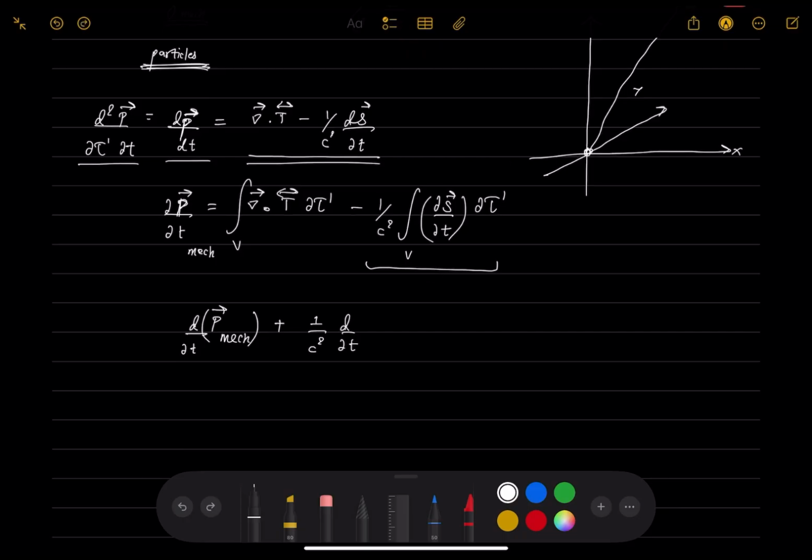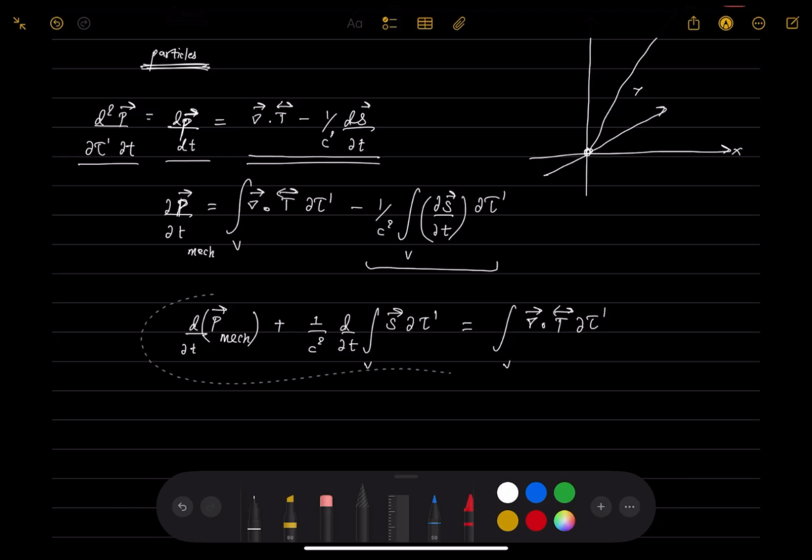I can pull the time derivative out, the time derivative of the volume integral of the Poynting vector. All right, so this is what the second term becomes when it comes to the left-hand side, and all of that becomes the volume integral of the divergence of the stress tensor.